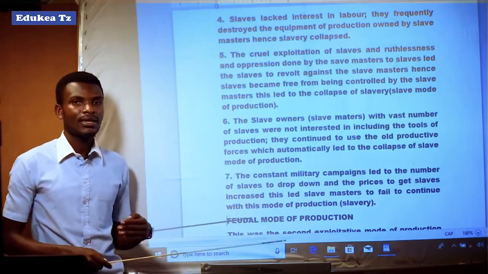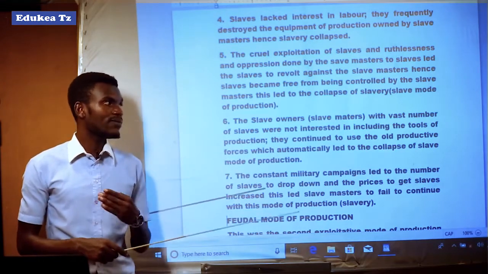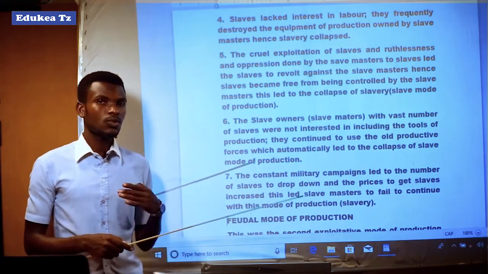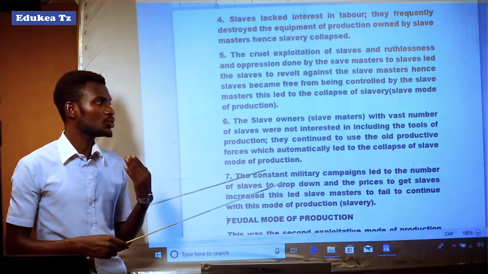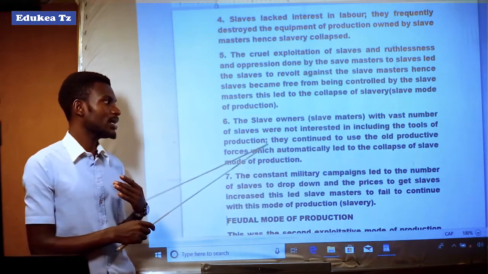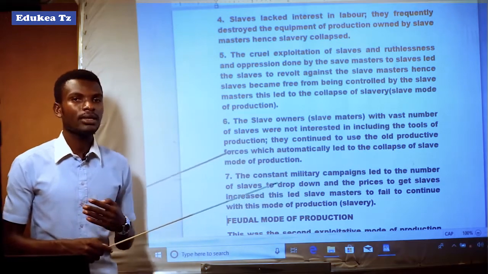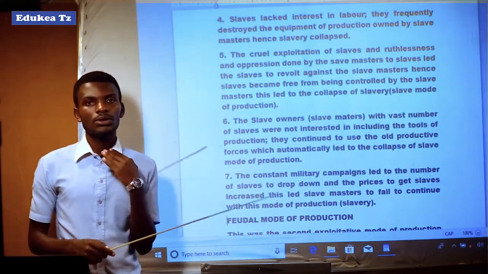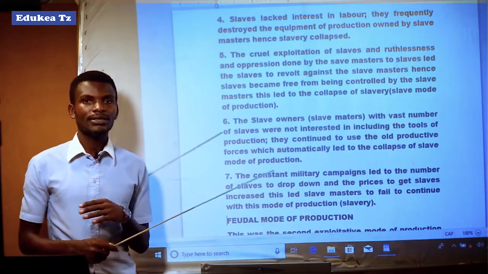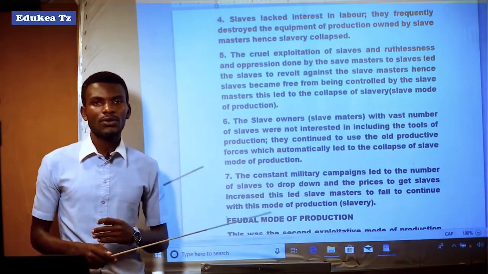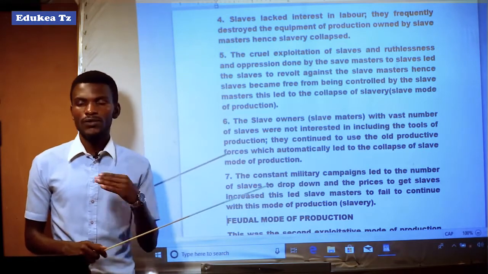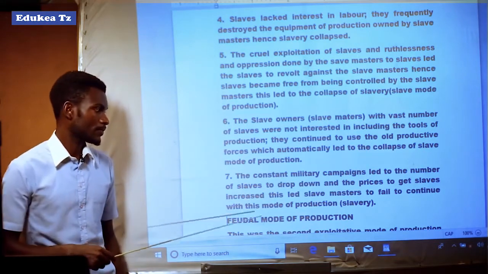It means the slave masters did not want to change the tools of production used during slavery, and that gave the chance for the rise of the feudal mode of production.